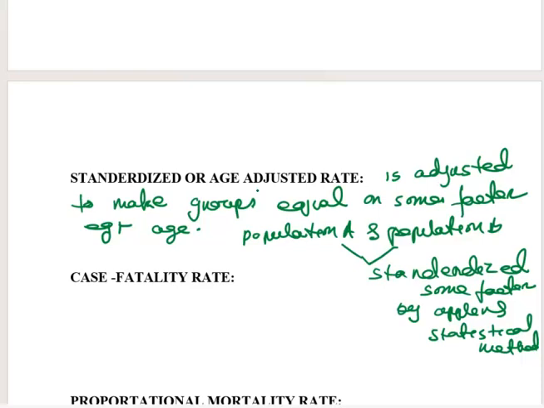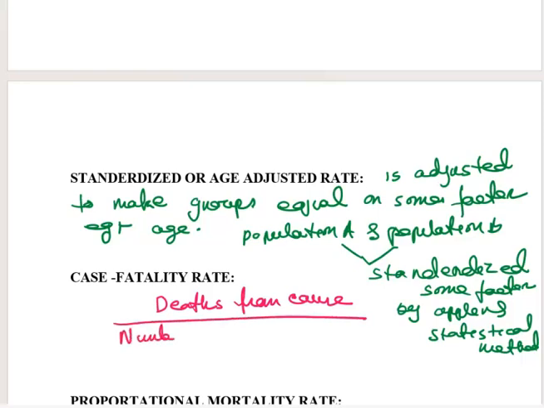Case fatality rate. The formula is the number of deaths from a cause, where cause means disease here, for example, the number of deaths from lung cancer, divided by the number of persons with lung cancer.